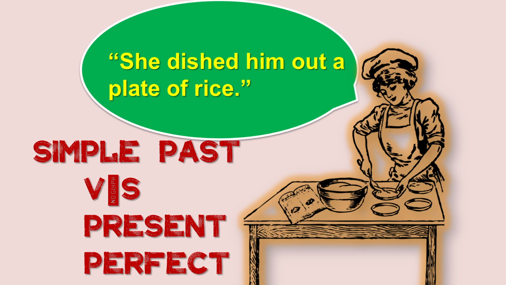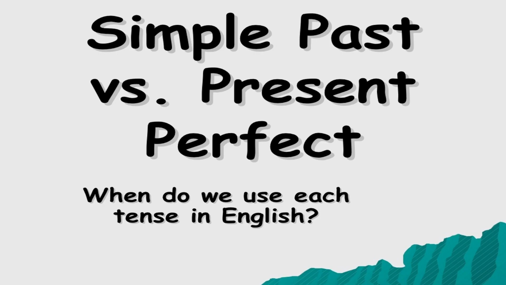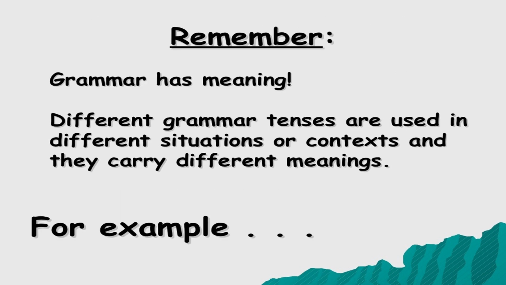Okay, so let's start our discussion. Simple past versus present perfect. When do we use each tense in English? We will discuss this today. Before we start, remember that each tense has its own distinct usage, based on the situation and the context.